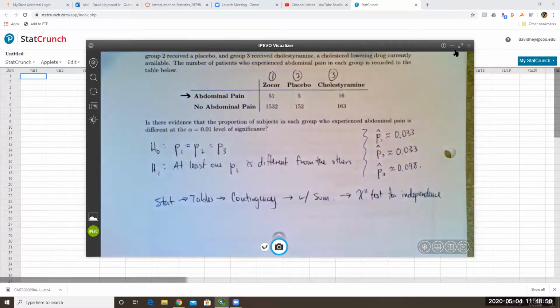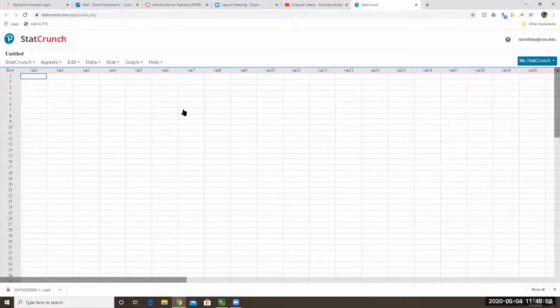I don't know why I always try to minimize that, but okay. So the first thing we have to do is put the contingency table into StatCrunch. So we had a row of people that had experienced abdominal pain, and then we had a row of people that did not experience abdominal pain.